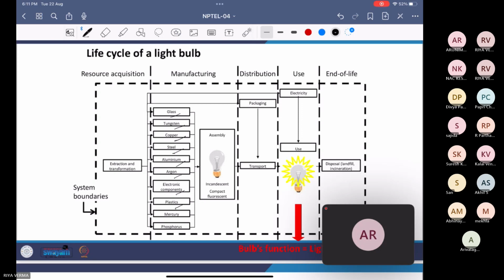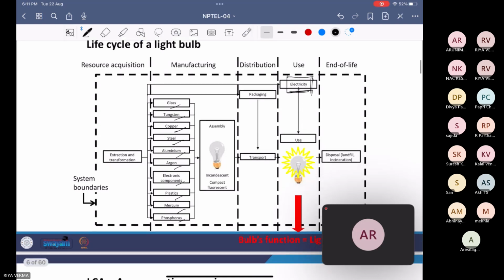Then we have some plastics involved, and then we have mercury and phosphorus. So these are the materials involved during the manufacturing phase. After that, we come to packaging and transport, that is the distribution phase. And after the distribution, when we start using the bulbs, we need electricity for their use. So this is also some sort of input.